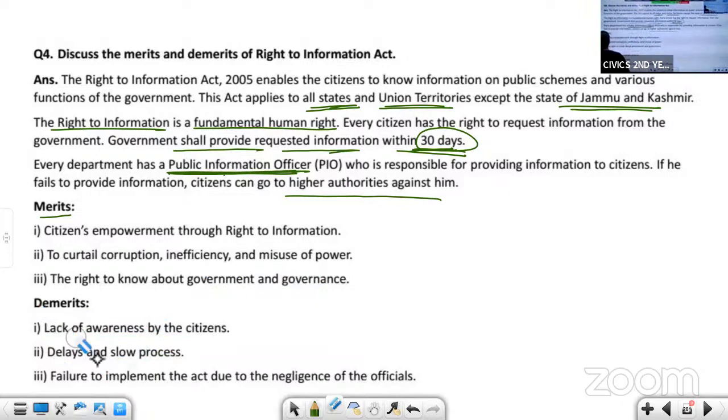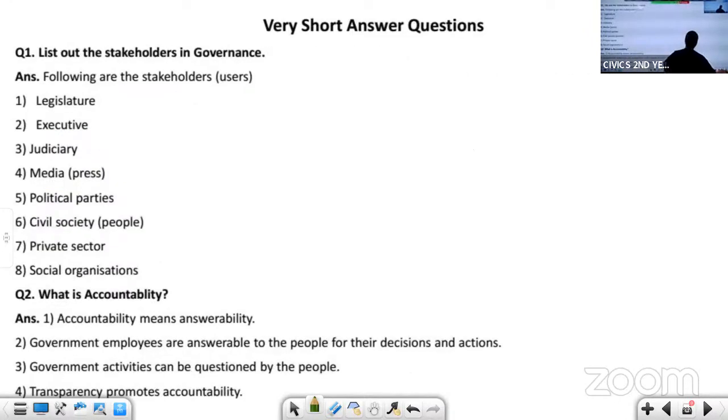Because people don't have awareness about it, so officials also neglected it. So this Right to Information Act is a fundamental right of the citizen. You can get information about government, governance, and everything. And the public information officer has to provide you the information.